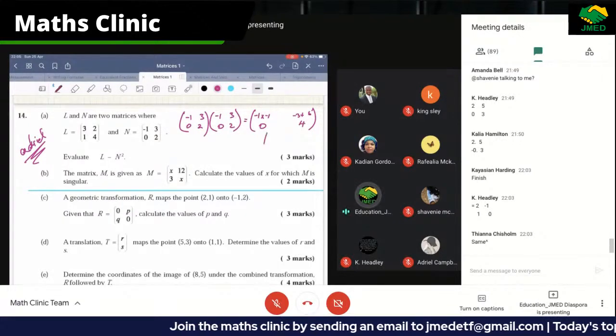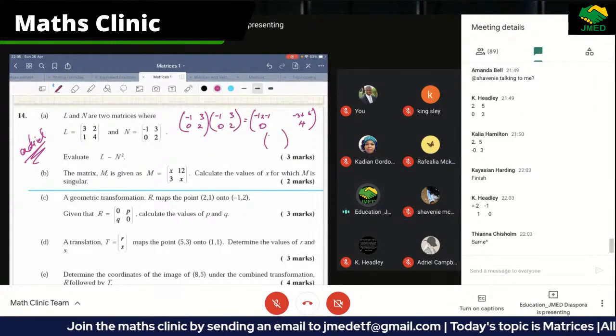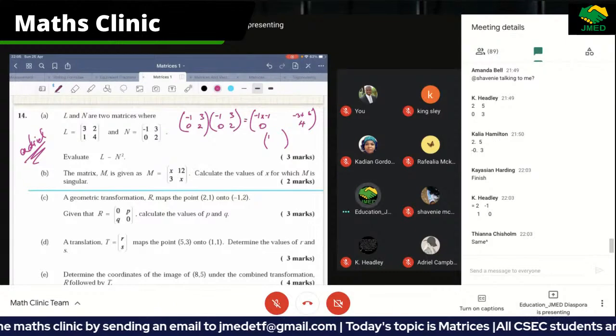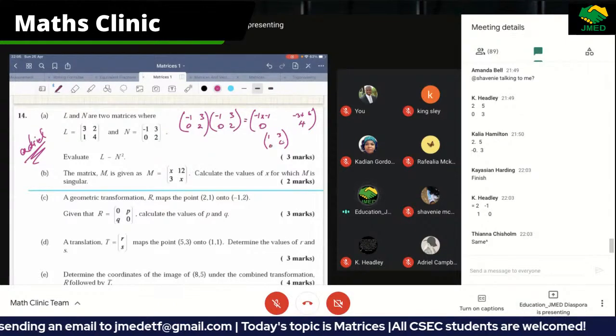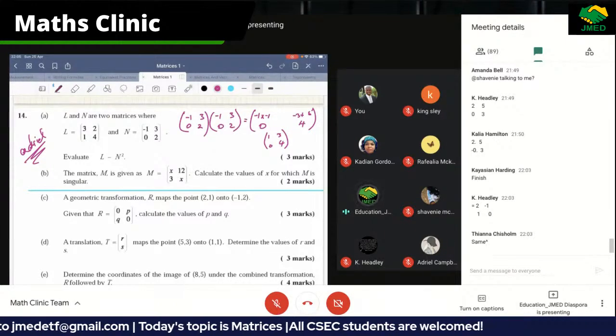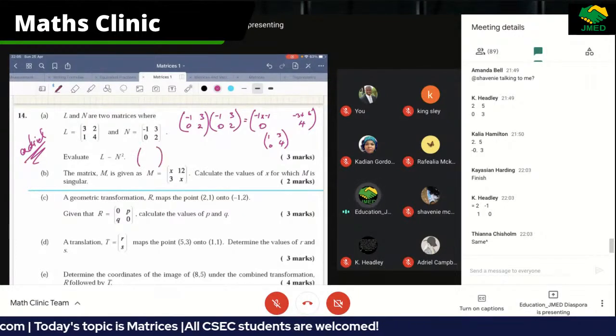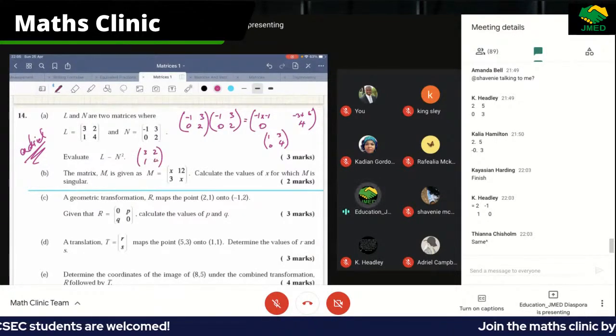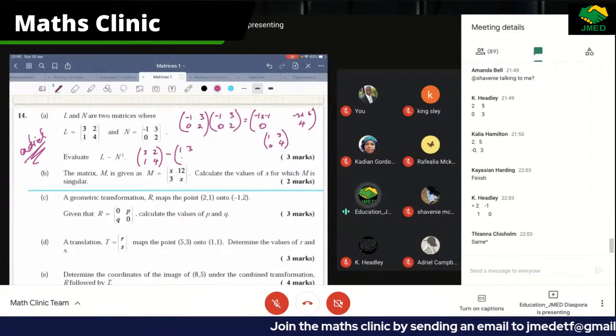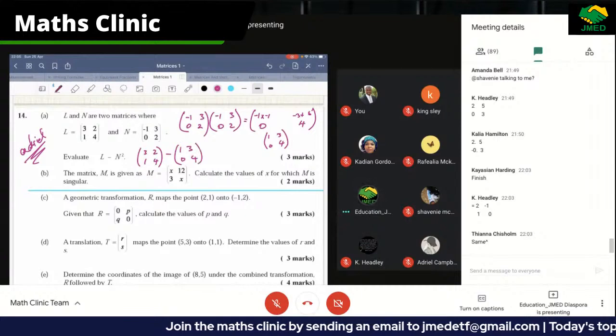And so our matrix there would be 3, 0, 4. So now we're going to do the subtraction, which is 3, 2, 1, 4 minus 1, 3, 0, 4.